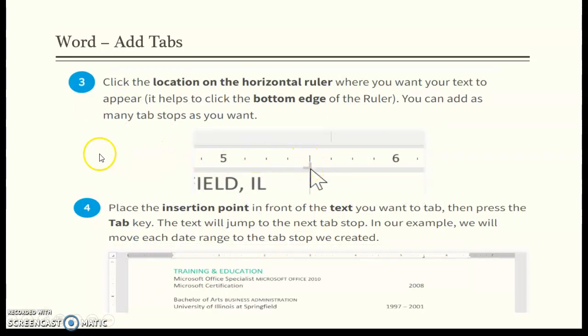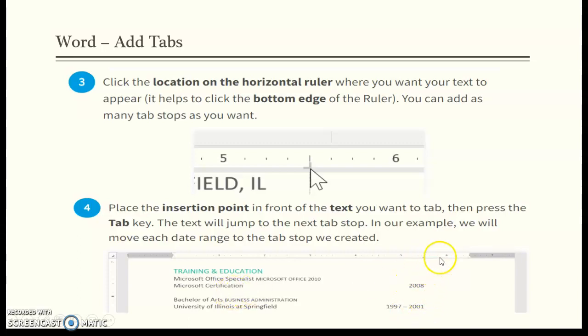And because you set it to be a right tab, when you click here, it's showcasing the right tab. So you can see this is the sample I showed you. So it's at 5.5. That's when you just clicked it right there. And there it is on your ruler. And then you can see that the dates are aligned perfectly on the right tab.